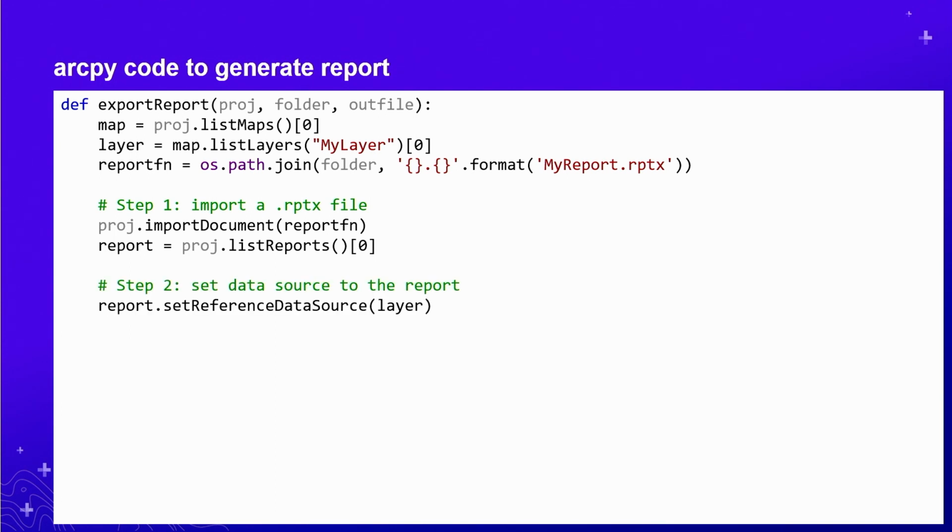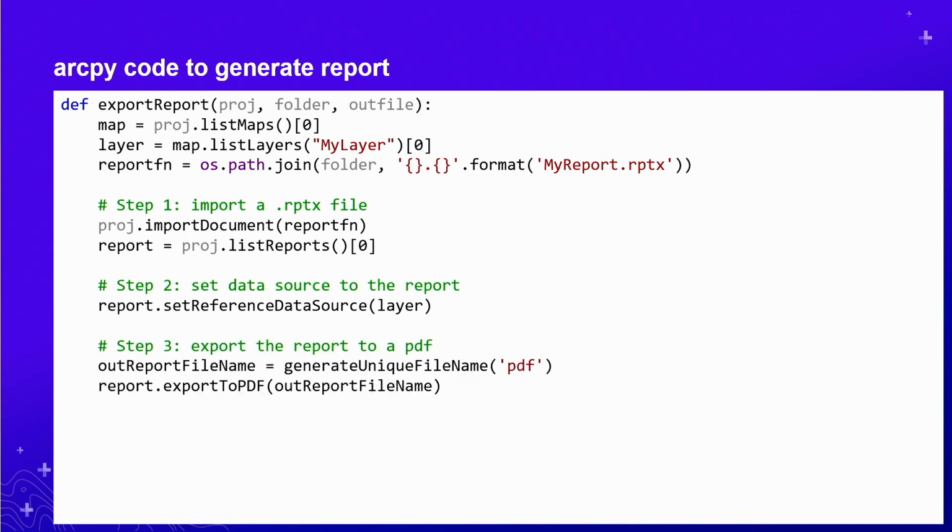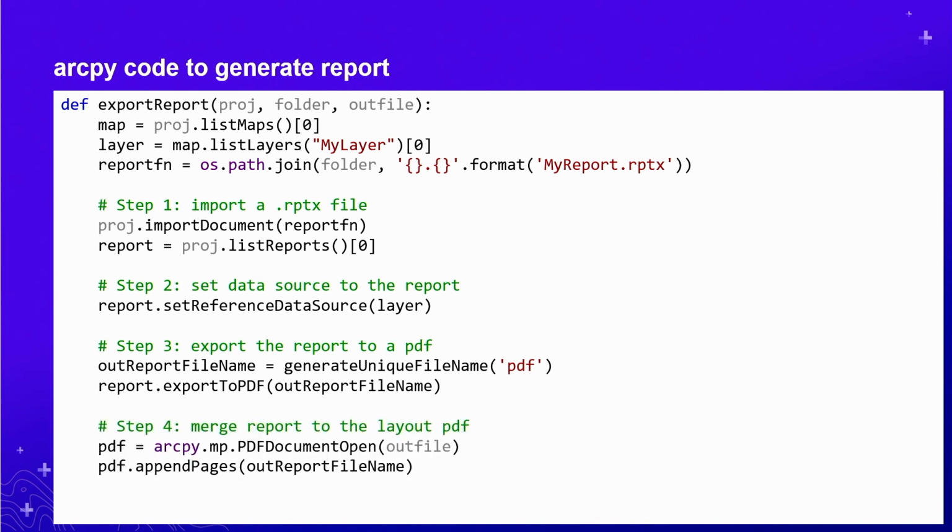Step 2 is to set the reference of the report to that layer, right? And step number 3 is I'm just generating a unique file name with the PDF extension and exporting that to a PDF. Once I have that PDF, I need to merge it with that PDF that was generated by the export layout call, right?